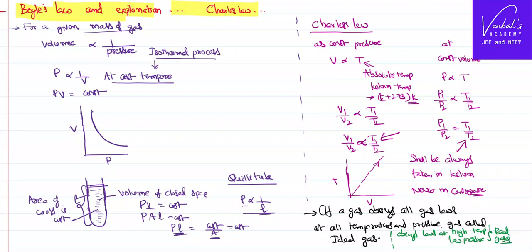So what we see in our daily life are real gases, but a gas that has properties close to ideal gas, not ideal but close to ideal, is something like hydrogen. All other gases could be called real gases, which obey gas laws only at high temperatures and low pressures. This is the basic aspects of Boyle's law and Charles' law.